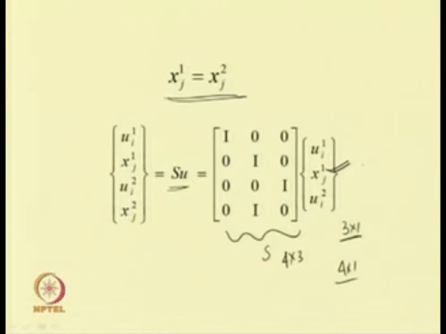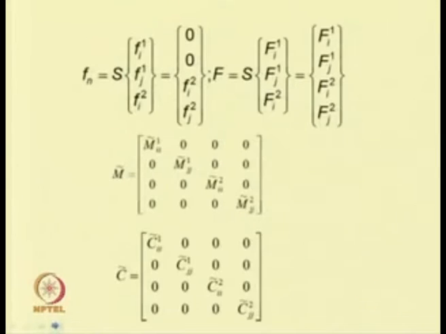Writing this way, we can now write the nonlinear force in this form. Fn equals S into F11, Fj1 and Fi2. This is for the slave component, this is for the master component, and the middle one is for the junction force, which is equal to 0, 0, F12 and Fj2.